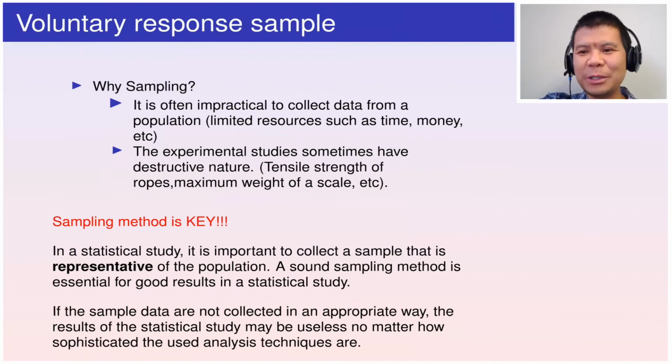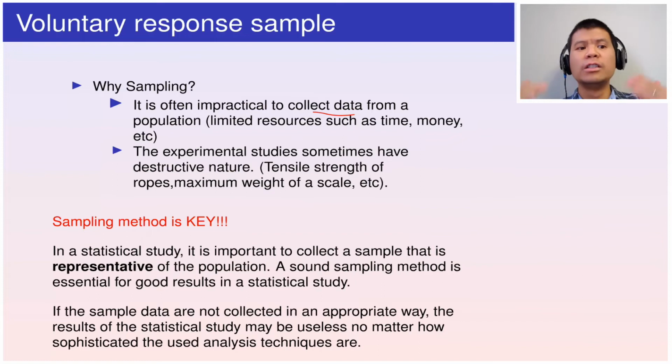Now, why do we do sampling? It's often impractical to collect data from a population. A population is usually huge, because it is a complete collection of objects of interest.